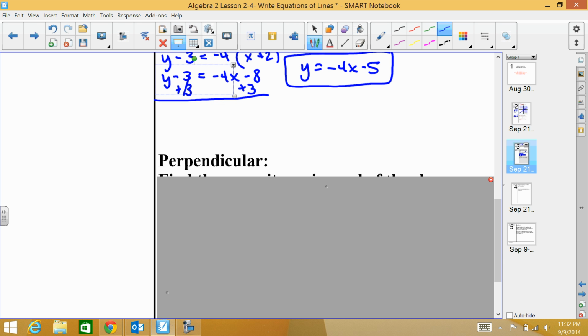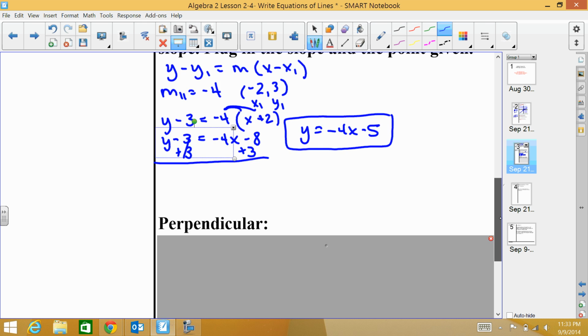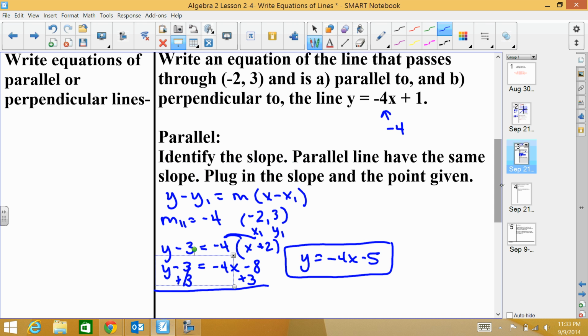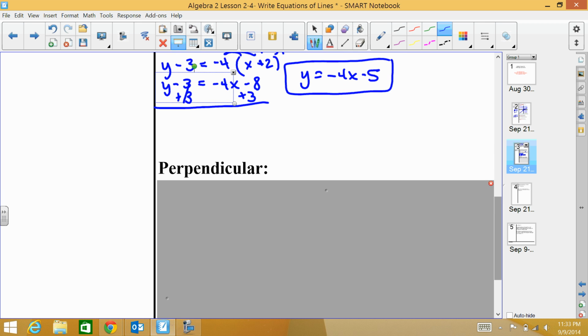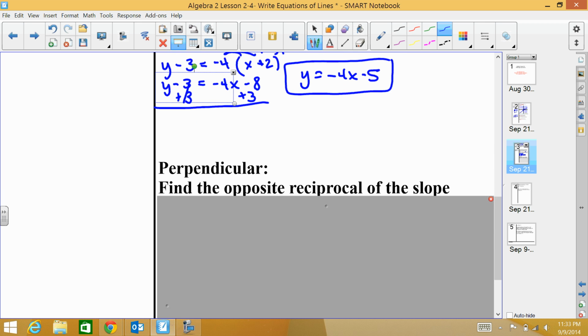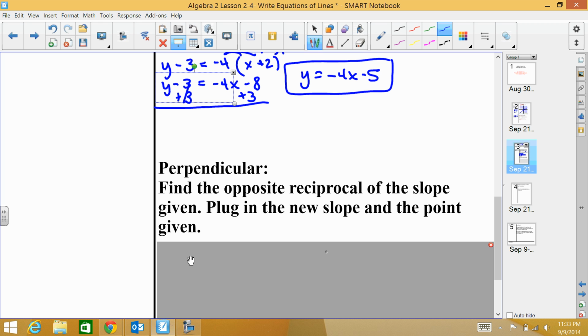All right, now if I want to do perpendicular, then I'm going to do the same process, but I have to think about how perpendicular lines are related to one another. So right now, the slopes of perpendicular lines I know are opposite reciprocals. So the slope of this line up here was negative 4. So the opposite reciprocal of negative 4 would be positive 1/4.